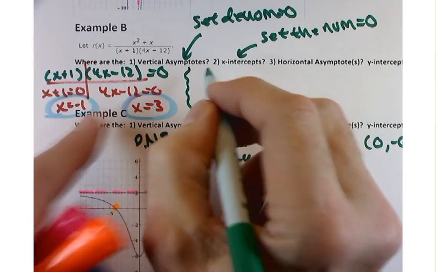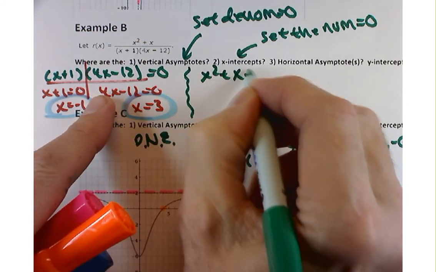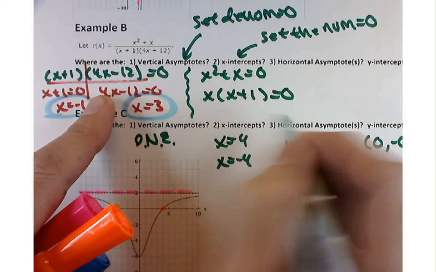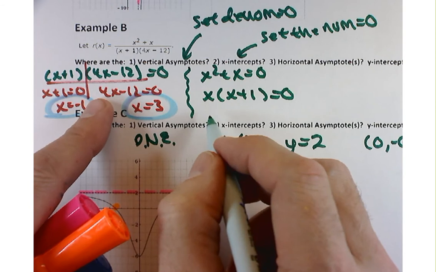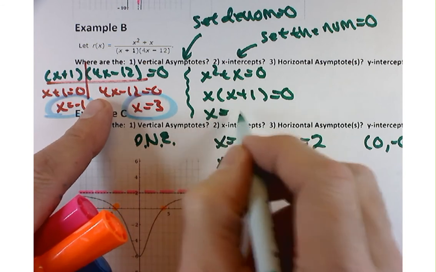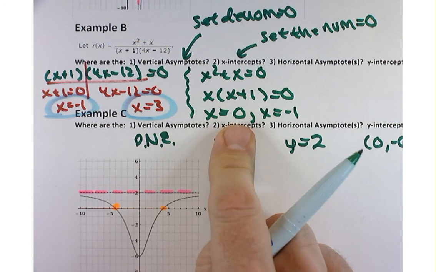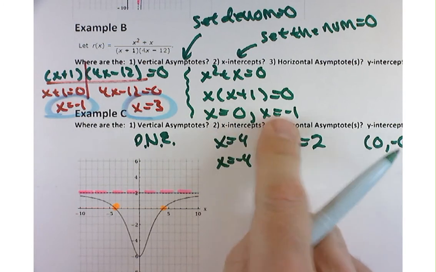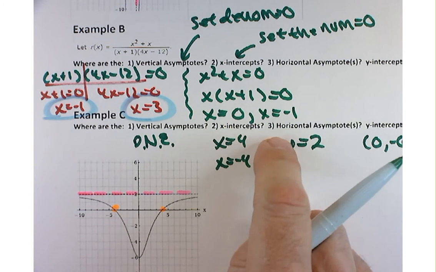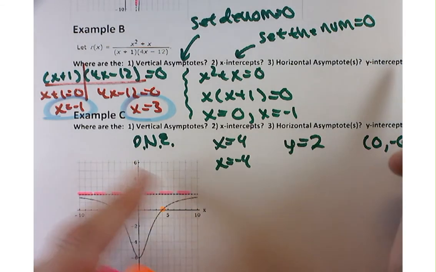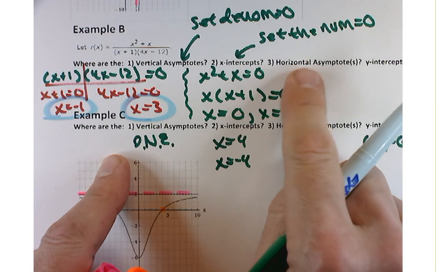It's going to be x squared plus x equals 0, which is x times x plus 1 equals 0. We have two solutions here. X equals 0 or x equal negative 1. So if you're to look at the graph, you should see the graph crossing the x-axis at these places. We're going to come back and work with the horizontal asymptote in just a minute.